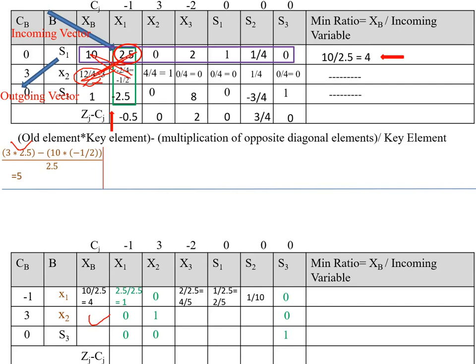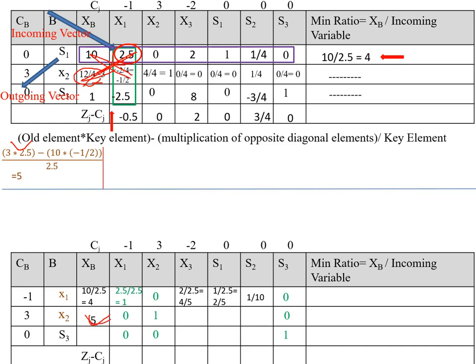So 3 into 2.5 minus 10 into minus 1 by 2 divided by 2.5. So these values should be 7.5 plus 5 should be, so 5. So value we will get the 5, so enter the 5 value here.